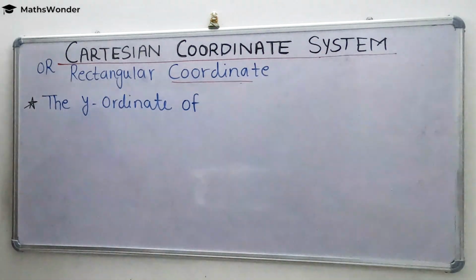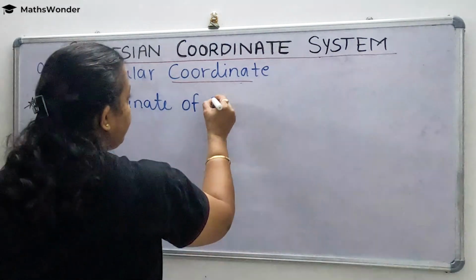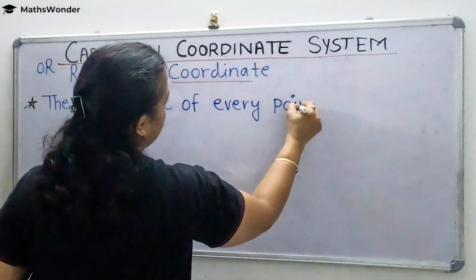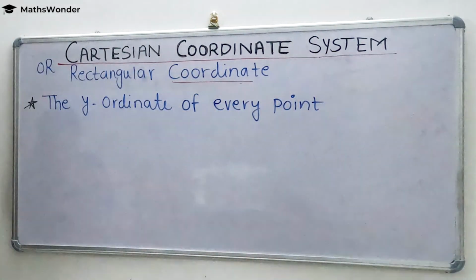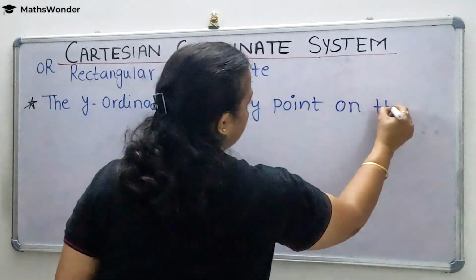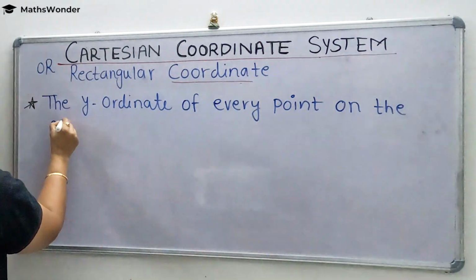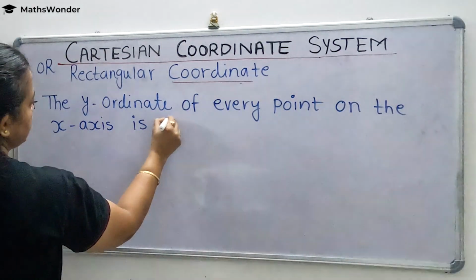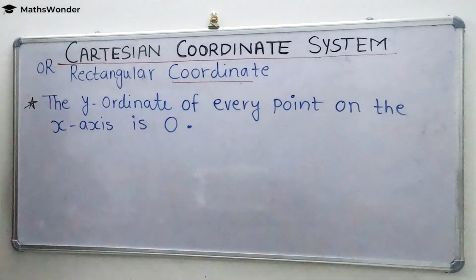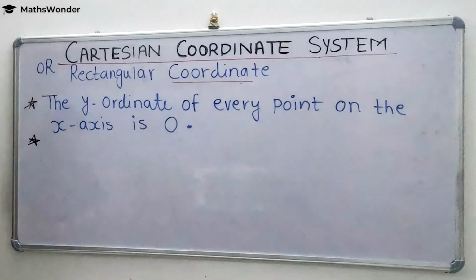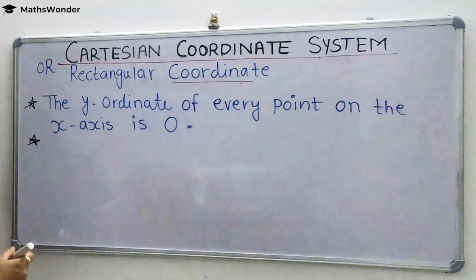So the y ordinate of every point on the x-axis is 0. There is a important point. Write down in the star mark.